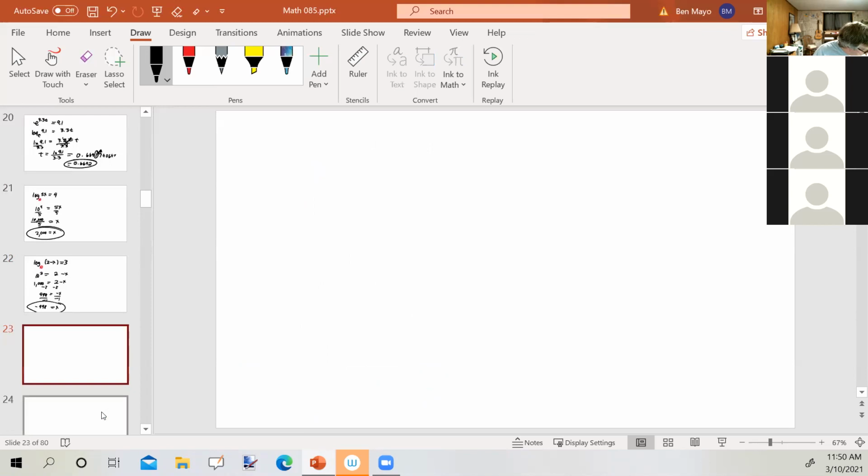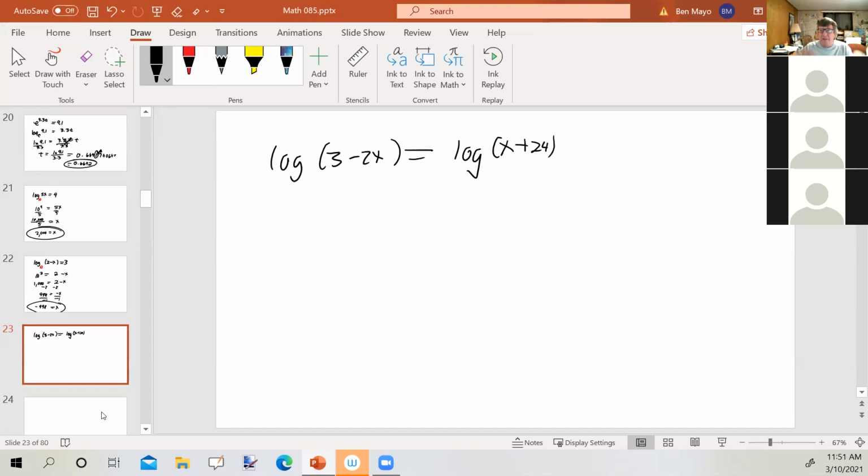All right, let's say we've got a situation where we've got the log base 10 of 3 minus 2x equals the log base 10 of x plus 24. Again, since logarithmic functions are one-to-one, if we're taking the log with the same base of both sides of the equation, we can take the quantities that we're applying the log to and set those equal.